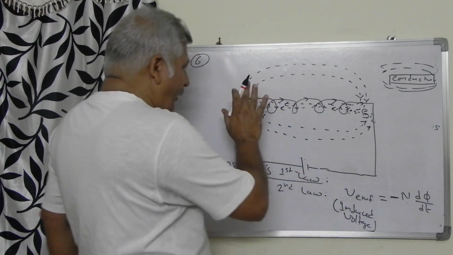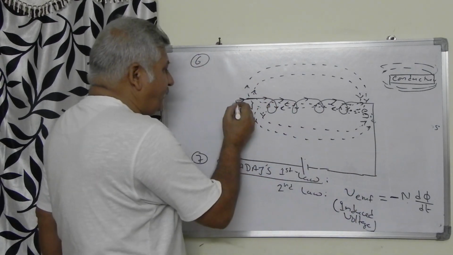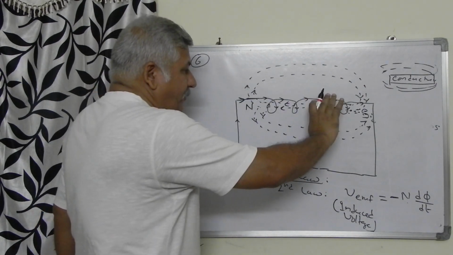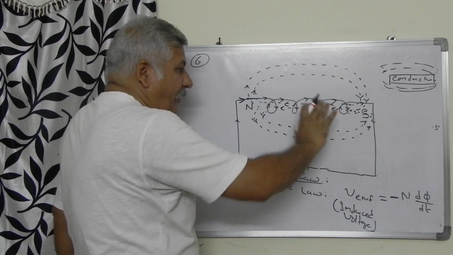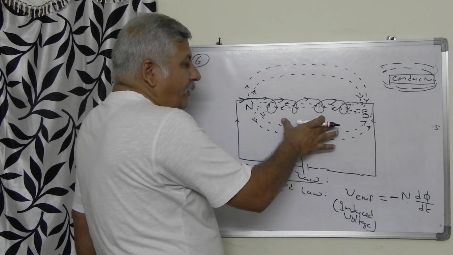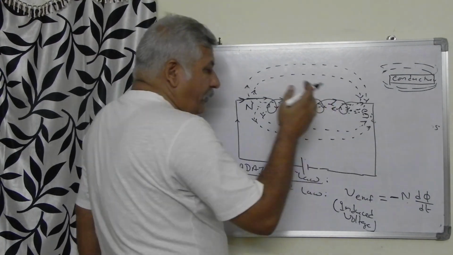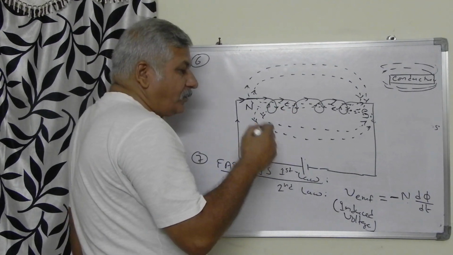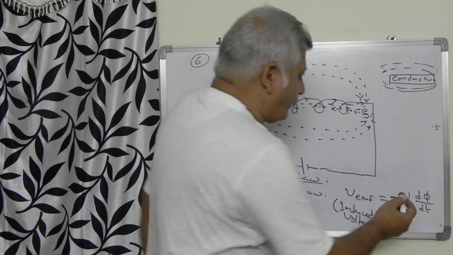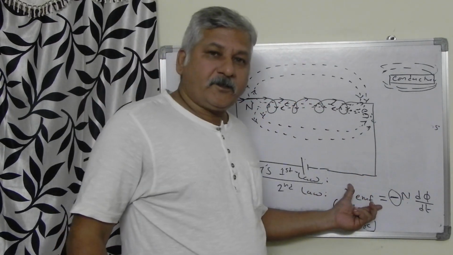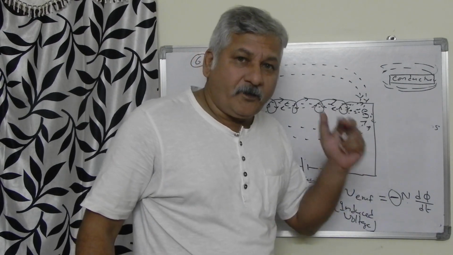Now for example, we will see this case. In this case, due to this current which is flowing in this direction, magnetic field is there, a voltage will be induced in this coil. And that induced voltage will oppose the cause which has produced it. Due to this negative sign, it indicates that the induced voltage opposes the cause which has produced it.